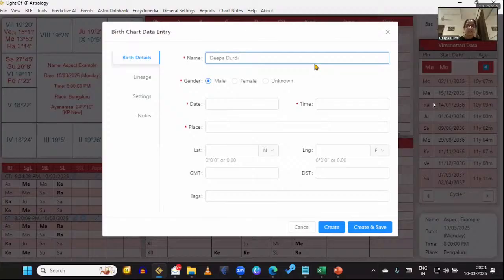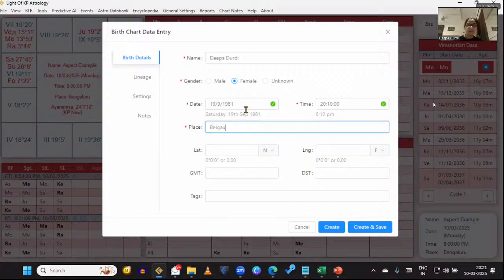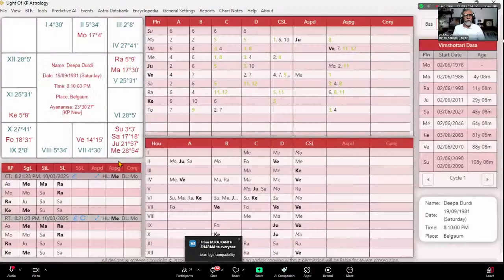Date is 19 September 1981. Time, 8:10 p.m. Place is Belgaum, Belgavi. Belgaum, yes. 19 September 1981, 8:10 p.m., Belgaum.